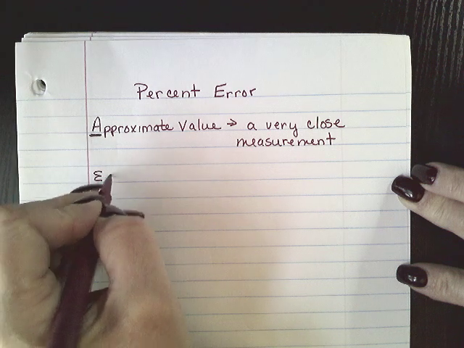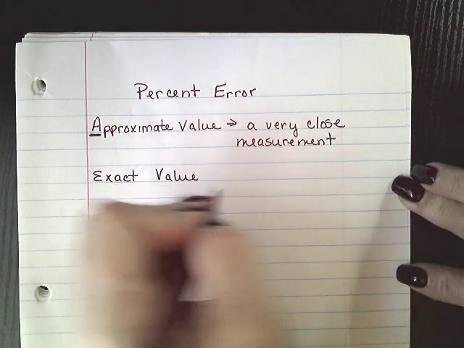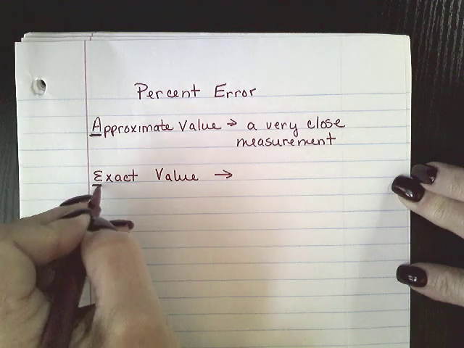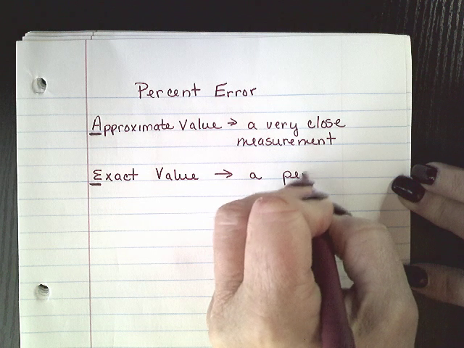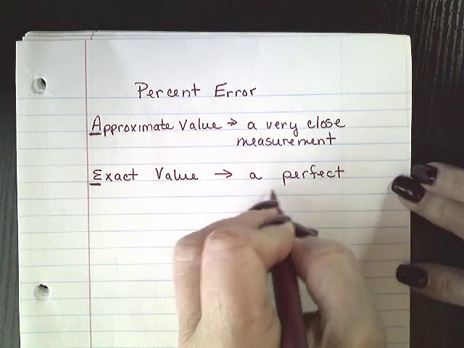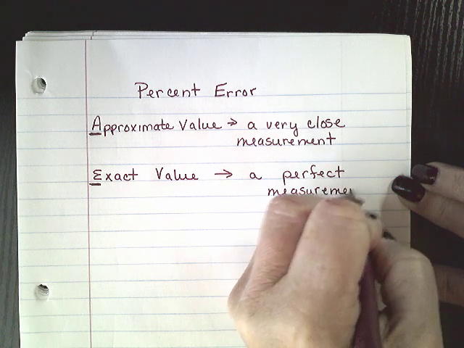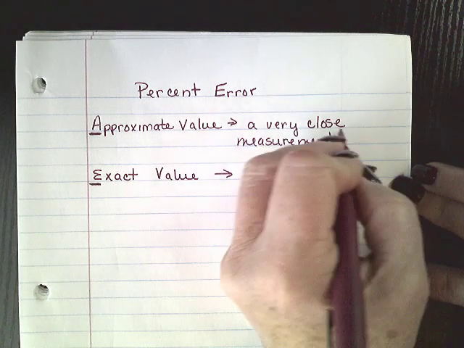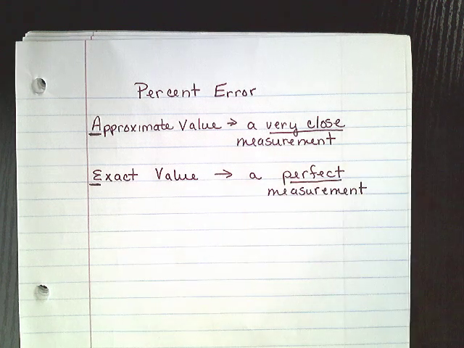Or we would have an exact value. I'm going to underline that E, and that would be a perfect measurement. So this would be a very close one, and this is a perfect measurement.